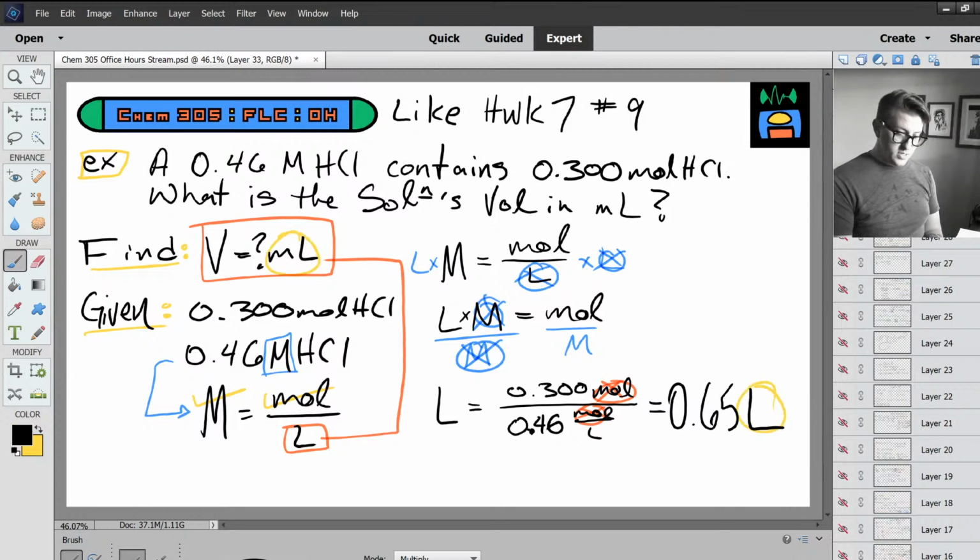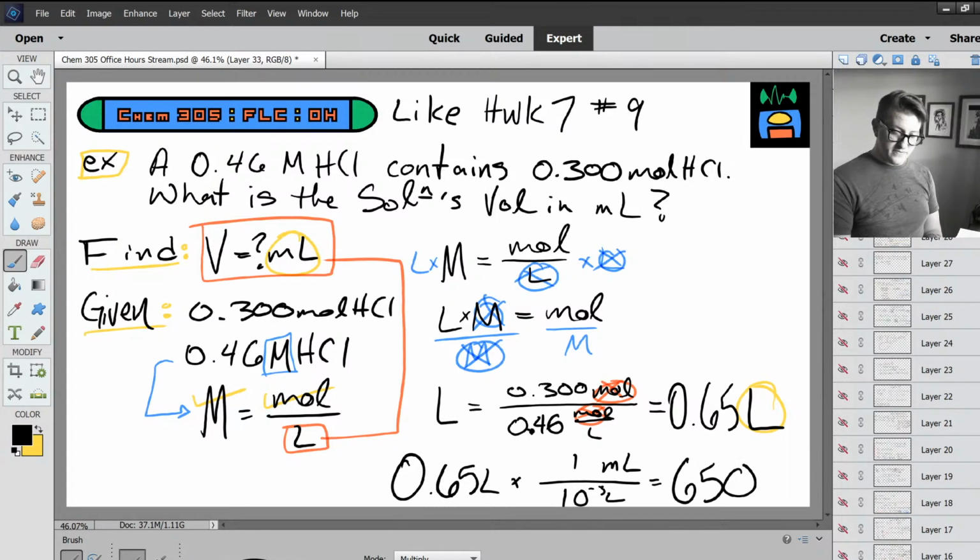So we need to do a unit conversion here at the end. 0.65 liters times, put liters in the denominator, milliliters in the numerator. 1 milliliter is 10 to the negative third liters. So 0.65 divided by 10 to the negative third is equal to 650 milliliters.